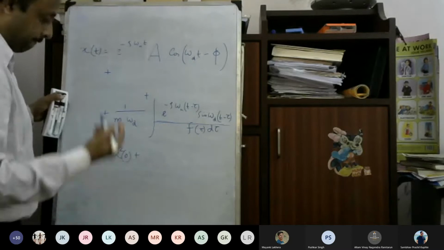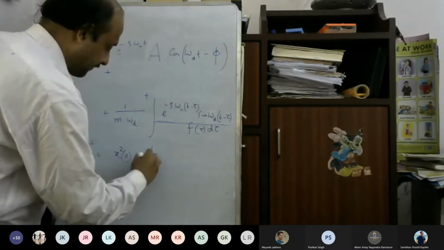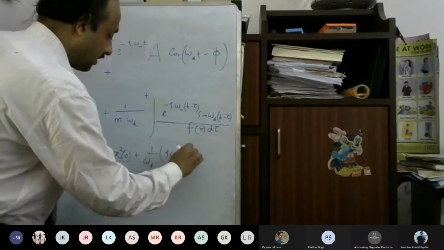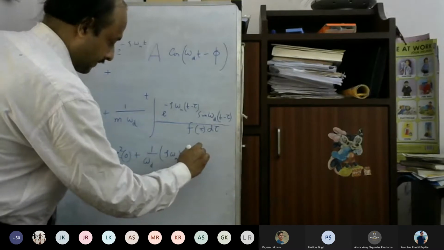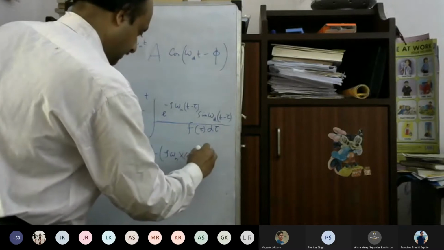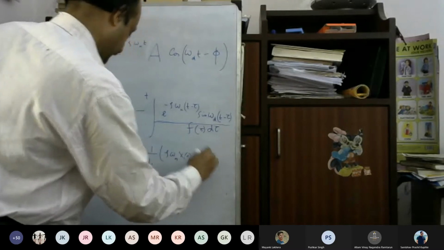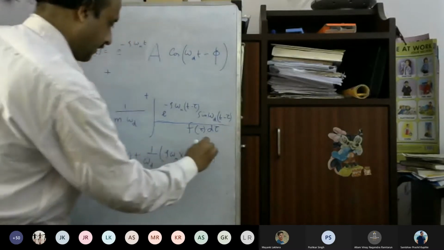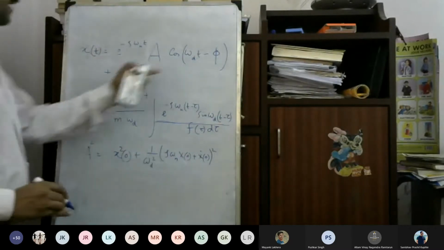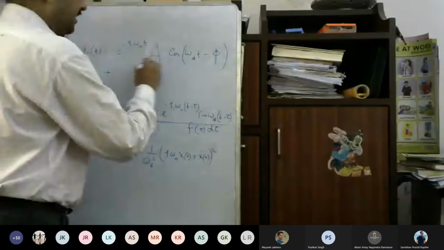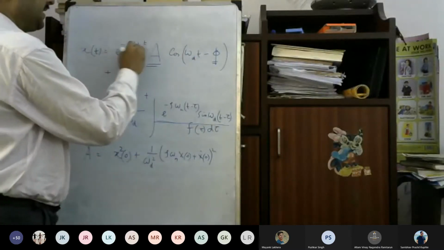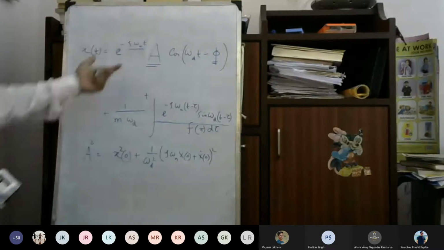This is 1 by omega d times zeta omega n x naught plus x dot, I think. Something like this, and similarly you can get the phase difference. So there will be an amplitude and a phase difference, but this amplitude will actually decay.